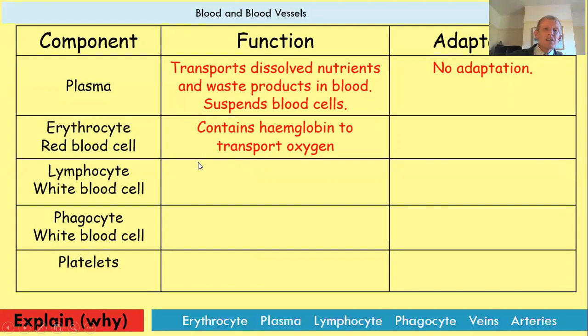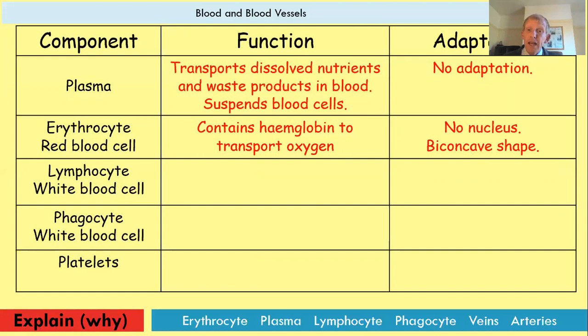Erythrocytes. Now, these are the red blood cells, and remember, these are the ones that have the haemoglobin in them, and they carry the oxygen to all the cells in our body. A really, really vital part of our blood system. Their special adaptation, if you can remember, was that they have no nucleus, and that allowed them to have that biconcave shape, that pinch on either side, which gave them a larger surface area and also increased the rate of diffusion.